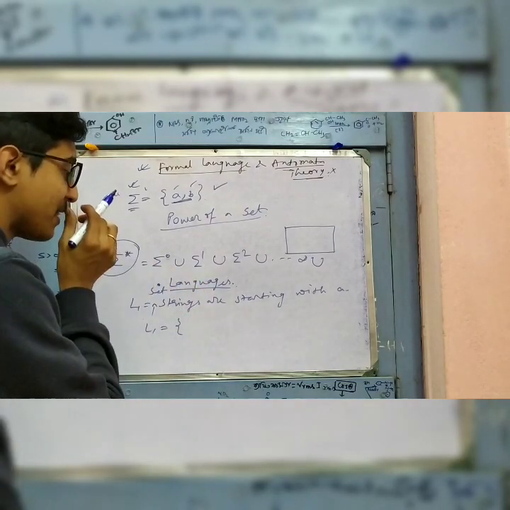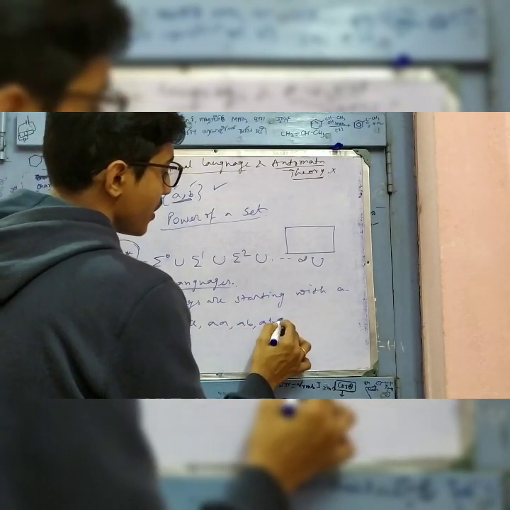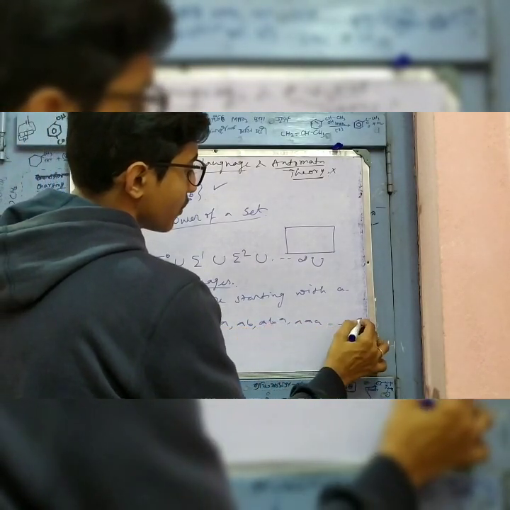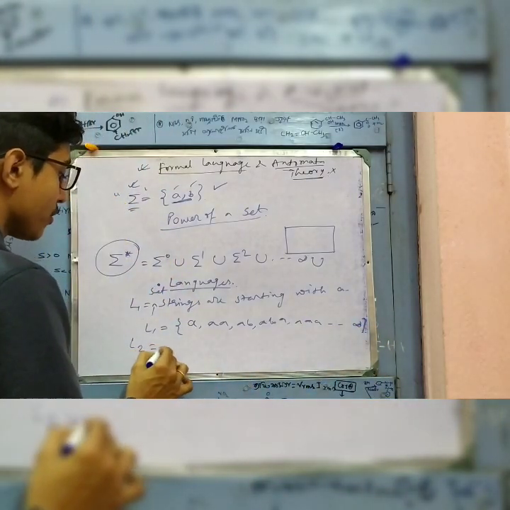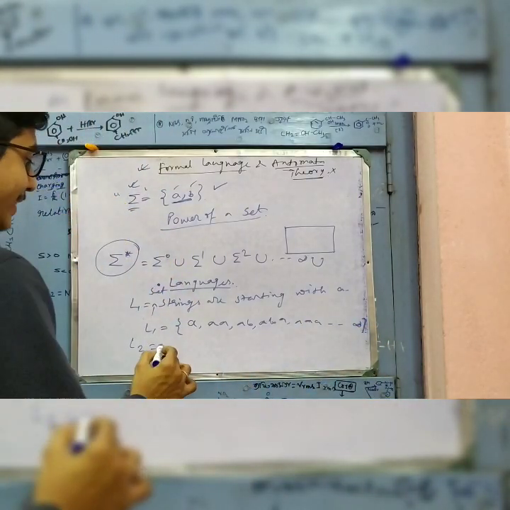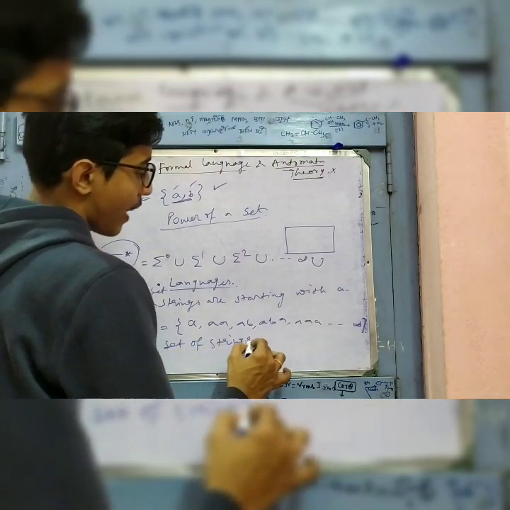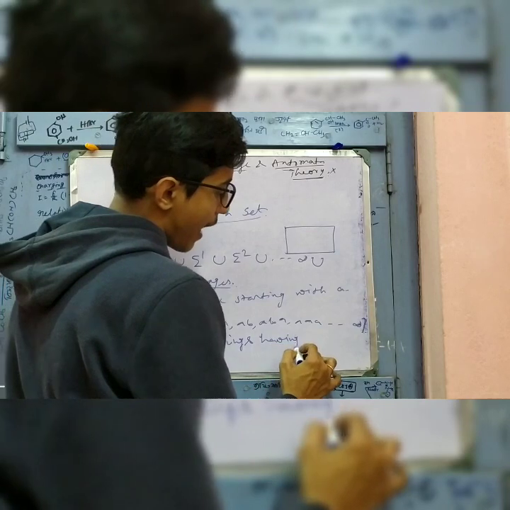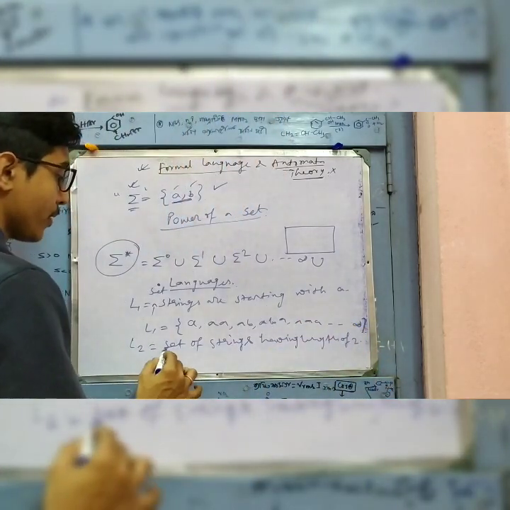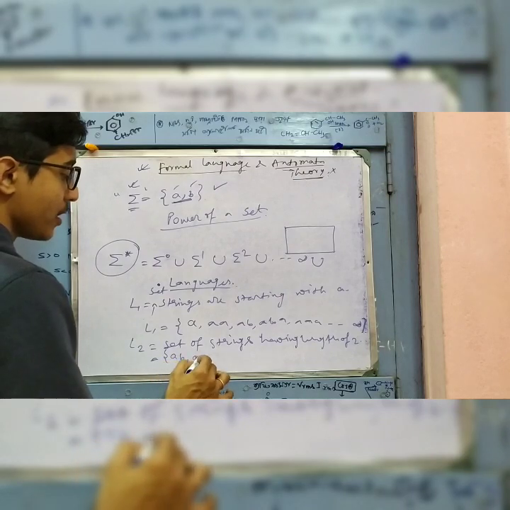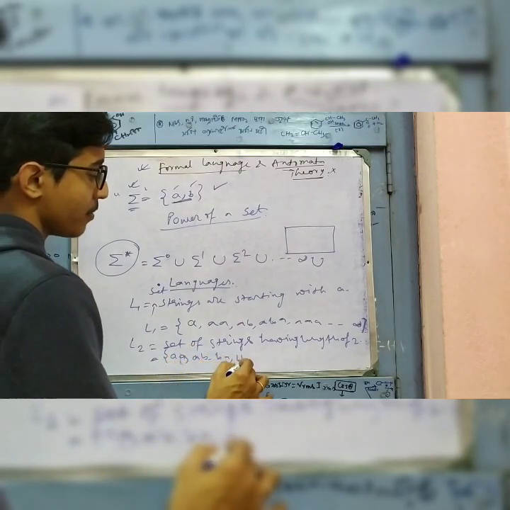So L1 can be defined in this way: A, AB, ABA, AAA, and so on. So this is an infinite set. Let's take another language, L2, which is a set of strings having length 2. It will be like this: AA, AB, BA, and BB.